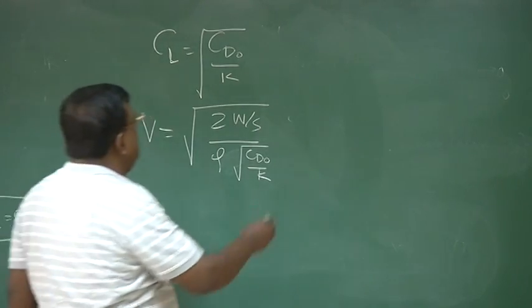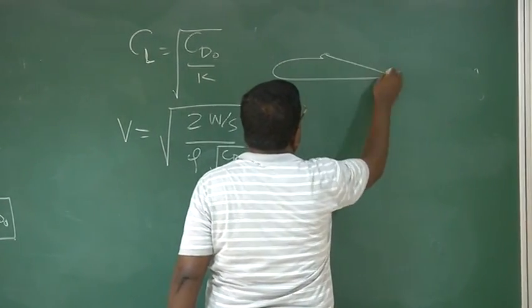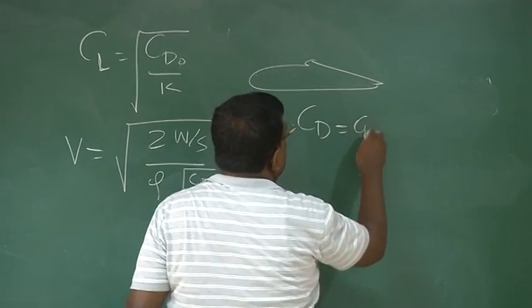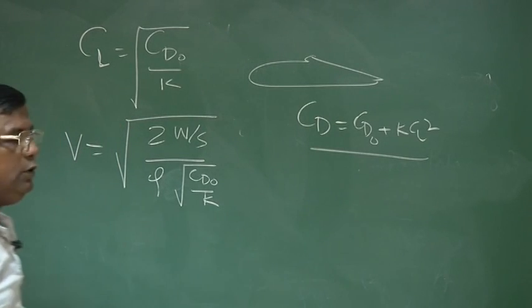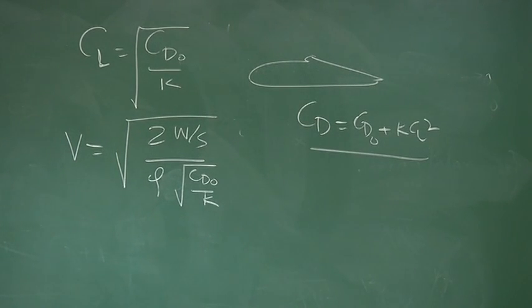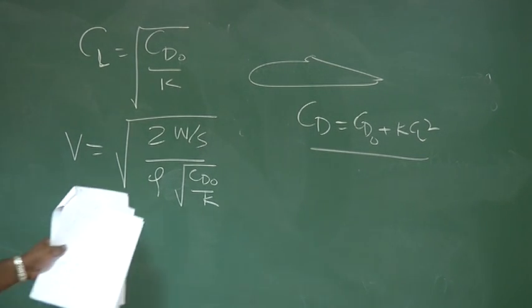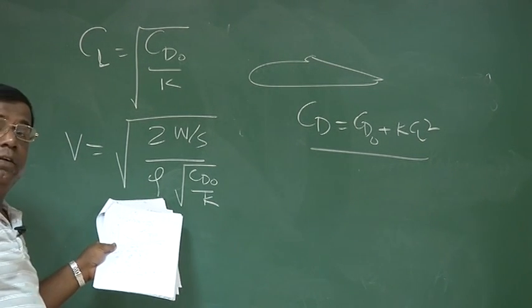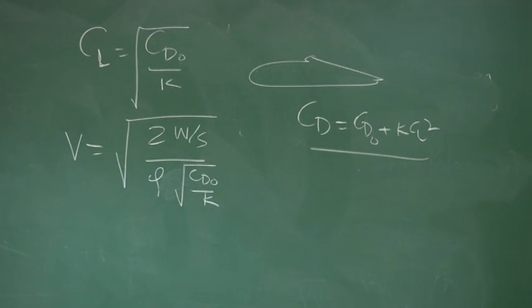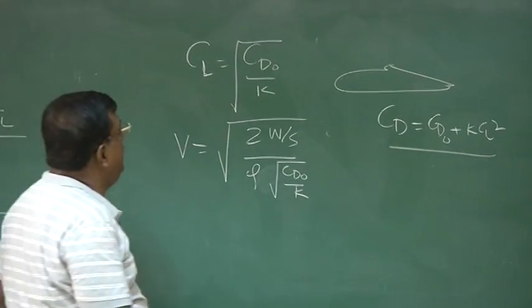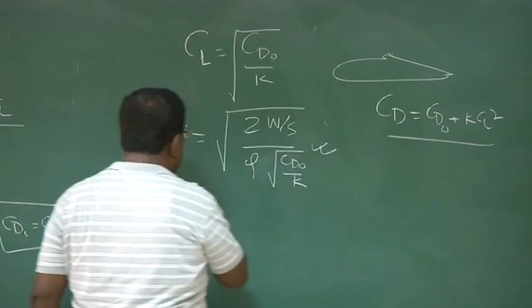For a given airplane, any airplane which will be flying, you will be knowing CD equal to CD naught plus K CL square. This drag polar will be known to you. You know the value of K, you know the value of CD naught, you know the weight, you know the wing area, and what altitude you are flying, density also you know. So you actually know that to fly at that altitude for thrust required minimum, I must fly at this speed V. Okay? So this will tell you what V the pilot will need to fly.